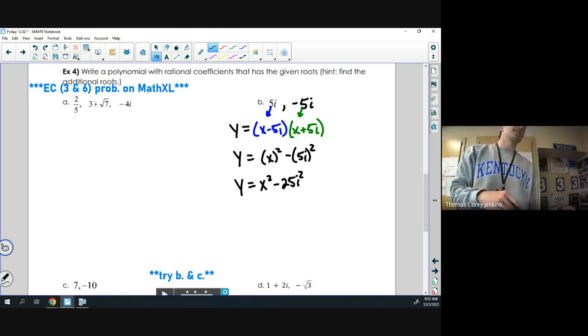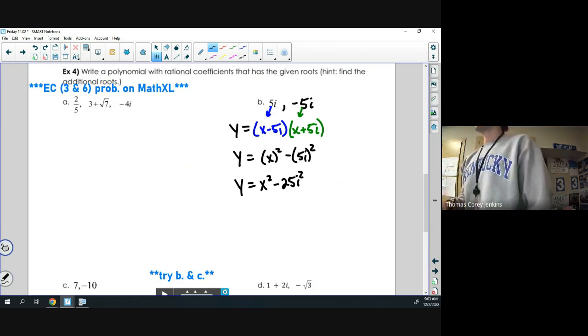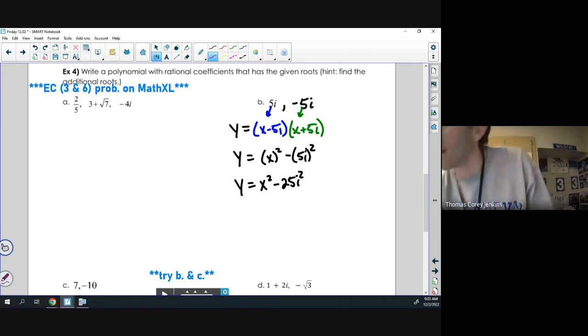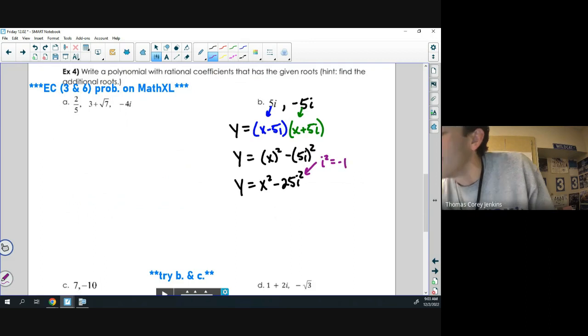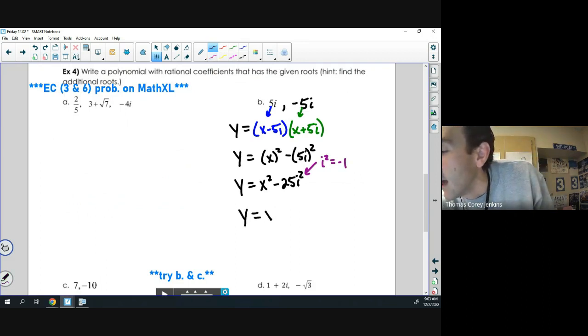And that's a decent answer, but an unsimplified answer. What's my simplified version of that answer from the last test? X squared plus 25, right? That i squared we remember is -1. And if you didn't remember that, probably put a note about it, right? i squared equals -1. Anyways, our final best answer would be x squared plus 25.